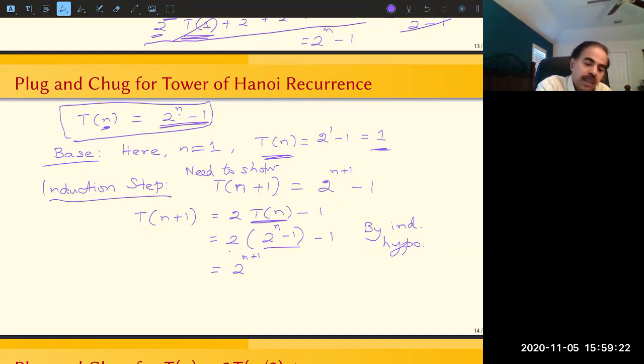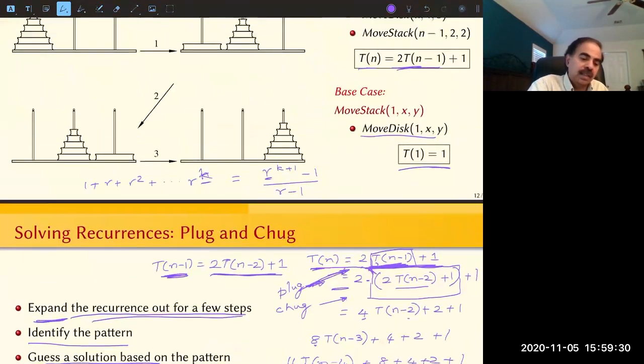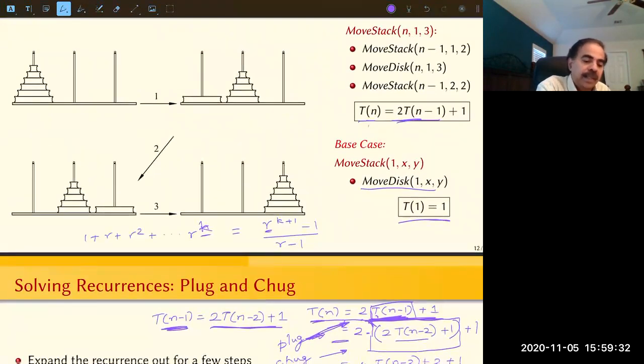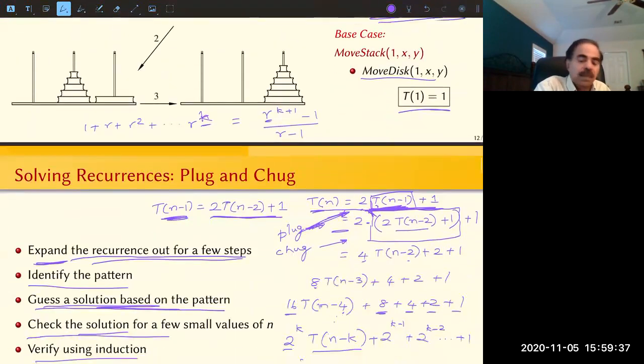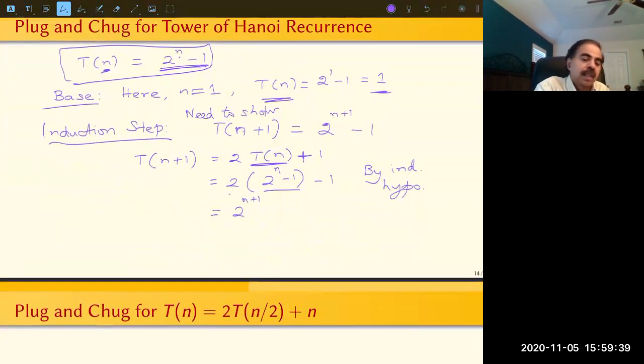Oh, I'm sorry, I made a mistake in writing the recurrence. Okay, so this is the recurrence: 2 times T of n minus 1, plus 1, right? So this should also be plus 1.